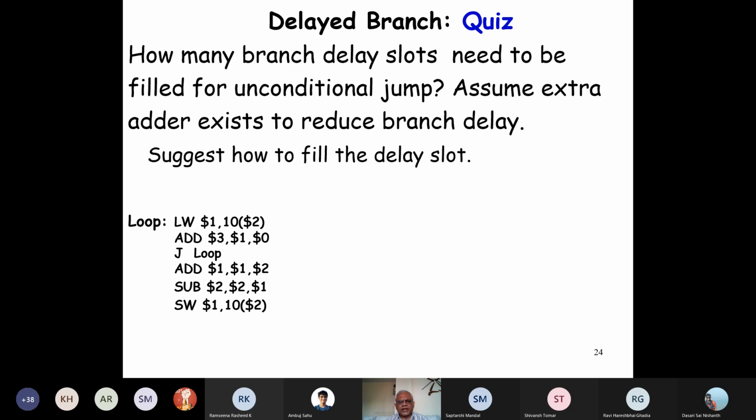Yes, it is an unconditional branch, so we can bring the add instruction. If we didn't find any instruction, we would have to put the no-op instruction here. But fortunately, we found the add instruction. So the compiler will transfer that instruction from before the branch to after the branch, and the control hazard vanishes.